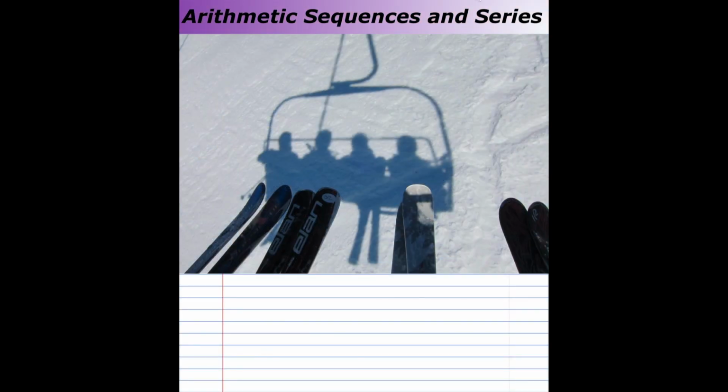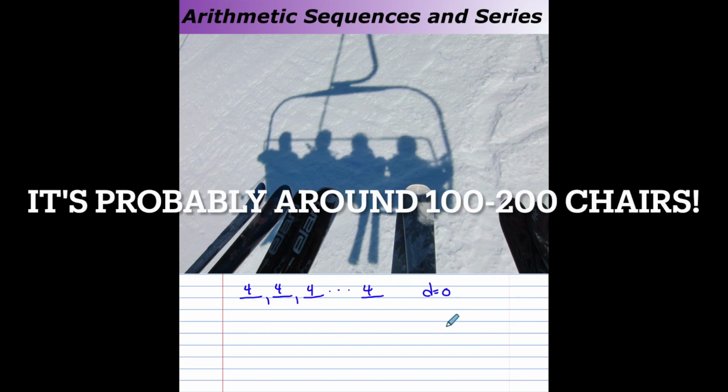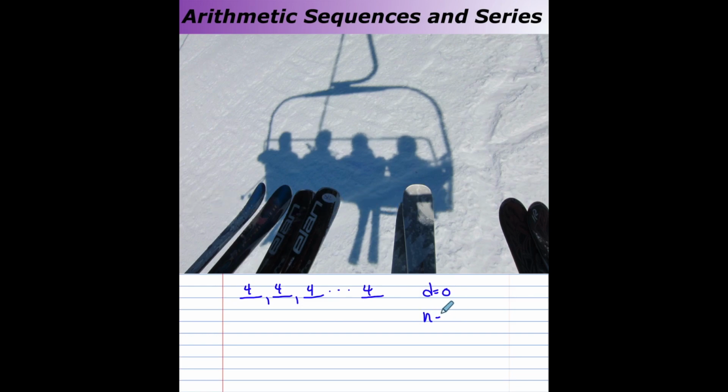Thinking about skiing, what's the D value here? 0. If I know that a particular lift has 20 chairs, probably more than that, but if we know that we have 20 chairs, will we be able to get the 20th chair using our formula?